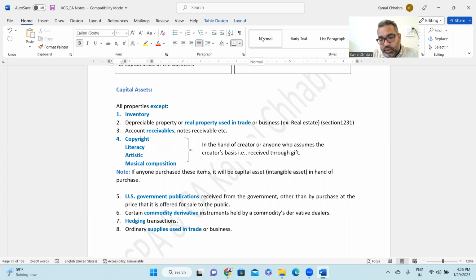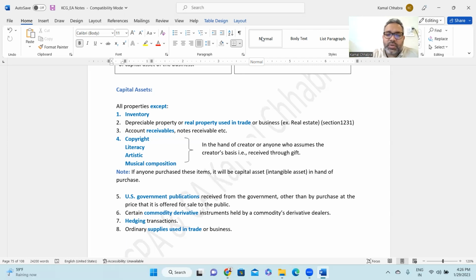But I am an author, I have written the book, I have obtained the copyright. In my hand, it is not a capital asset, right? That's the difference, and you will see a lot of questions on this also. If anyone purchases this item, it will be a capital asset in the hand of the purchaser.